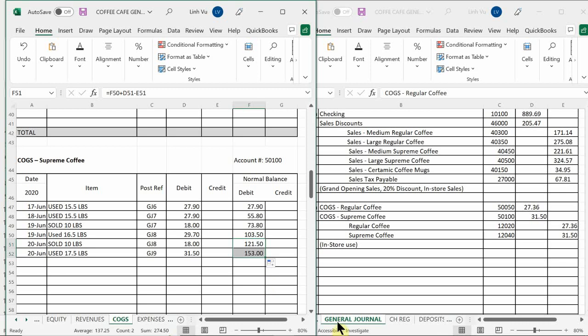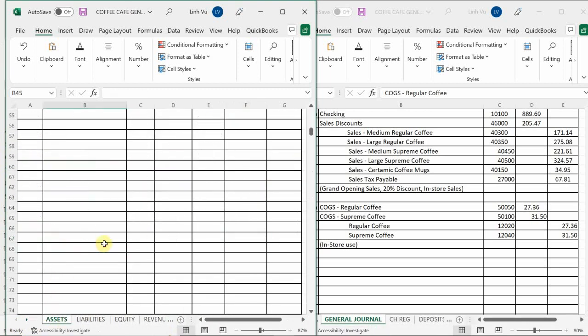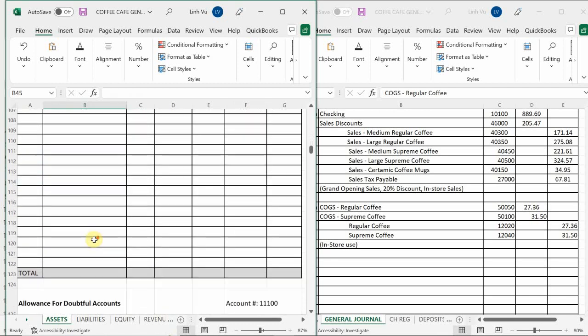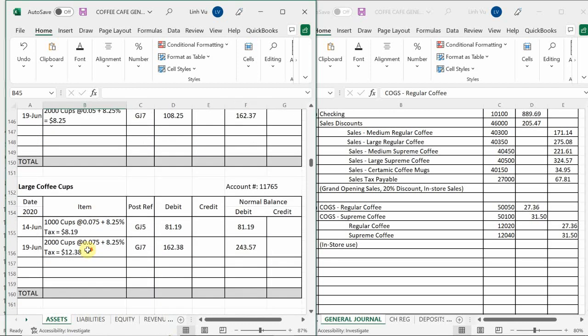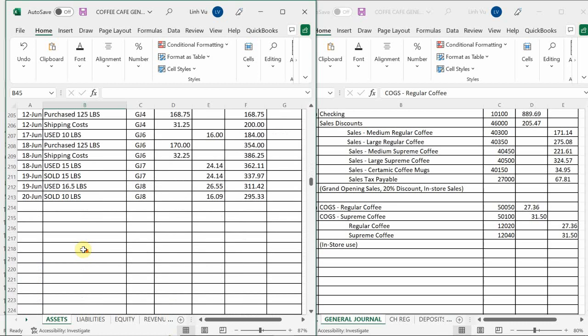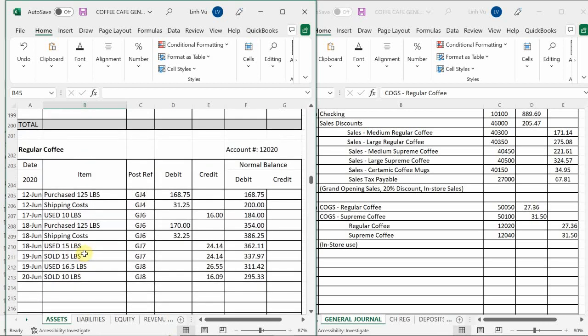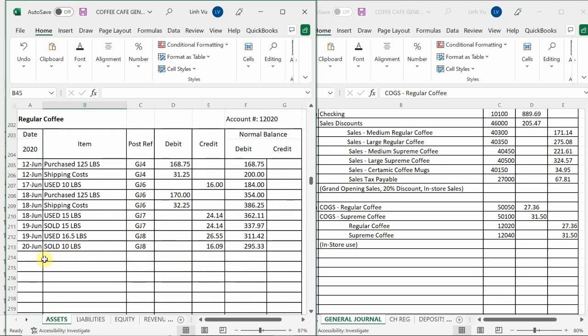All right. And then we have to go to assets, to regular coffee, where we have to update my inventory. Oh, here's my regular coffee. There it is. Okay. And we use 17 pounds for 27.36.